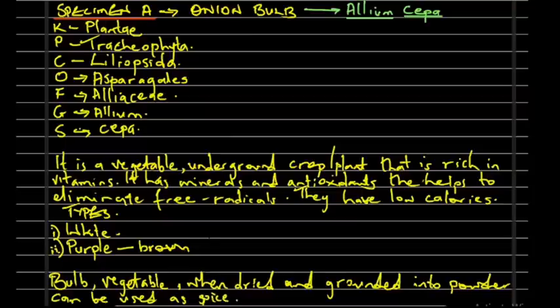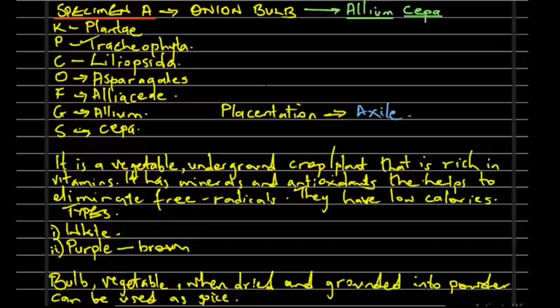Yes. Now the type of placentation that we have in onion is axial. That's the type of placentation that we have for the Allium cepa.